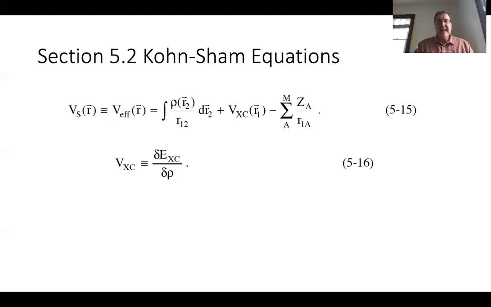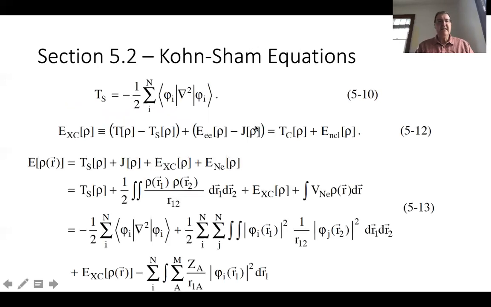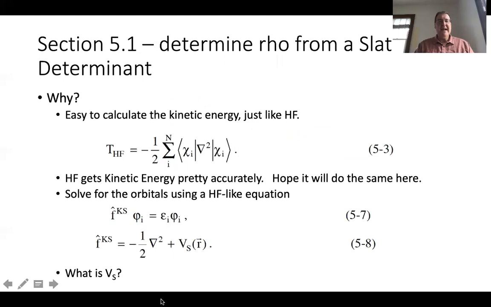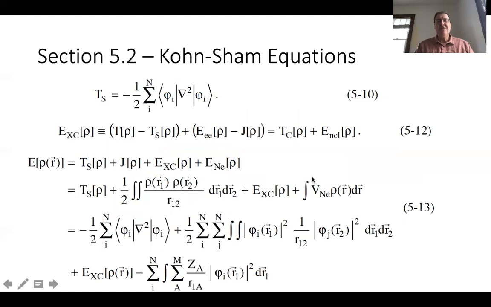If you knew exactly what EXC was as a function of rho, and could take that derivative, you'd have VS. You would go back and solve the Kohn-Sham equations with VS. That would yield for you the exact density. You would plug it here, and you'd get the exact energy.